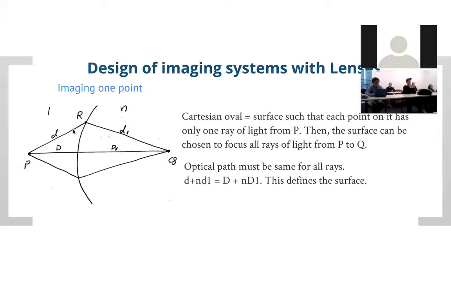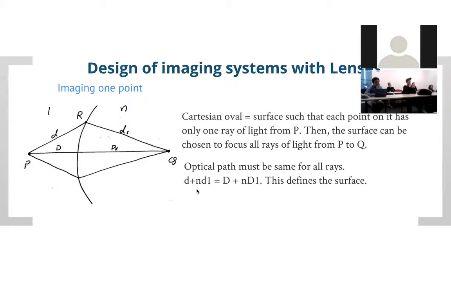So that's one path of the ray. The optical path is then defined as d times 1, the refractive index of air, plus d1 times n, the refractive index of whatever material this glass is.